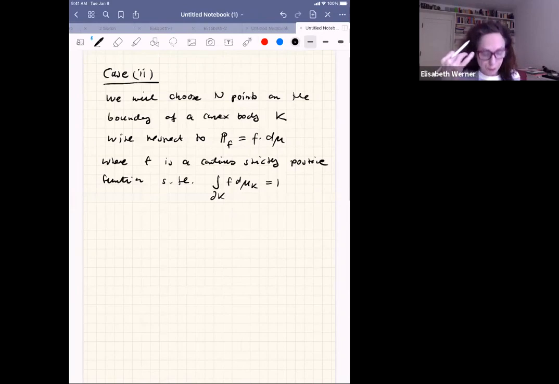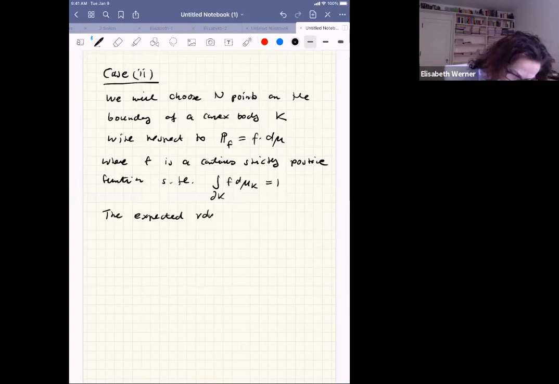So to know that, we need to know what's the expected volume of such a random polytope. That's notation again.